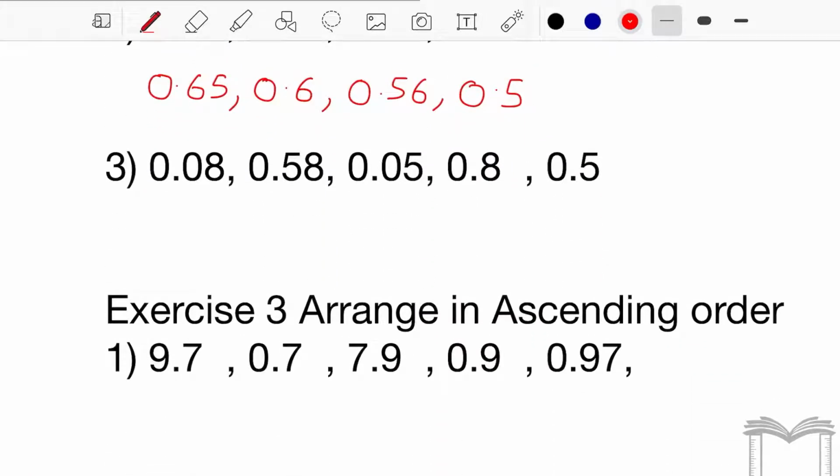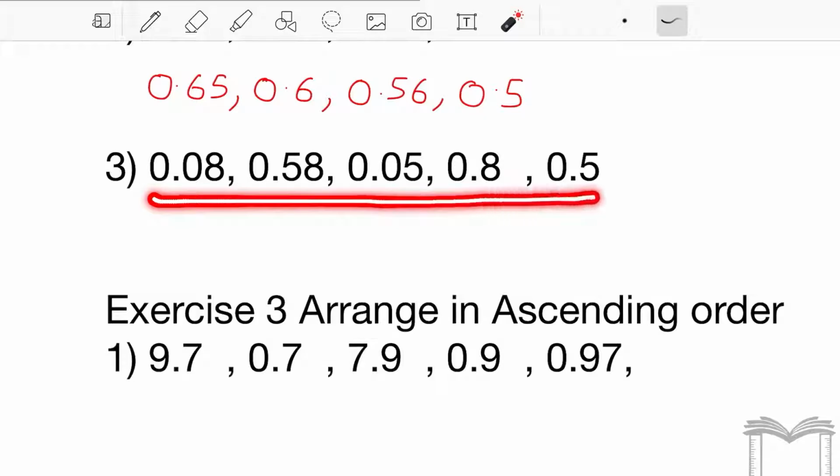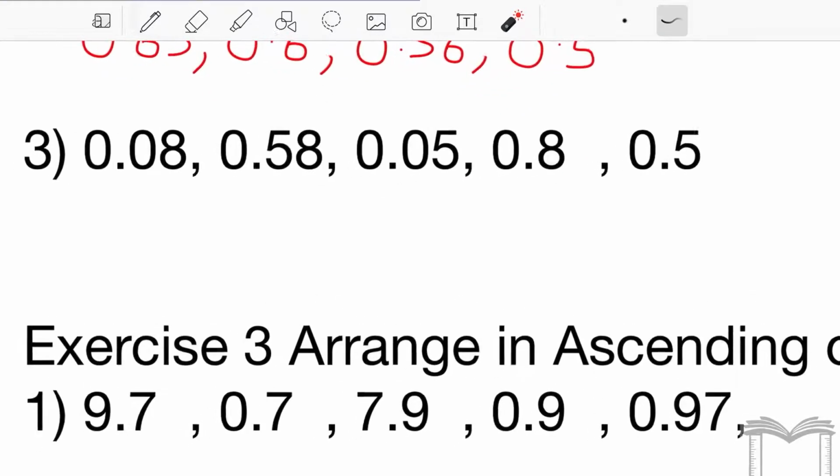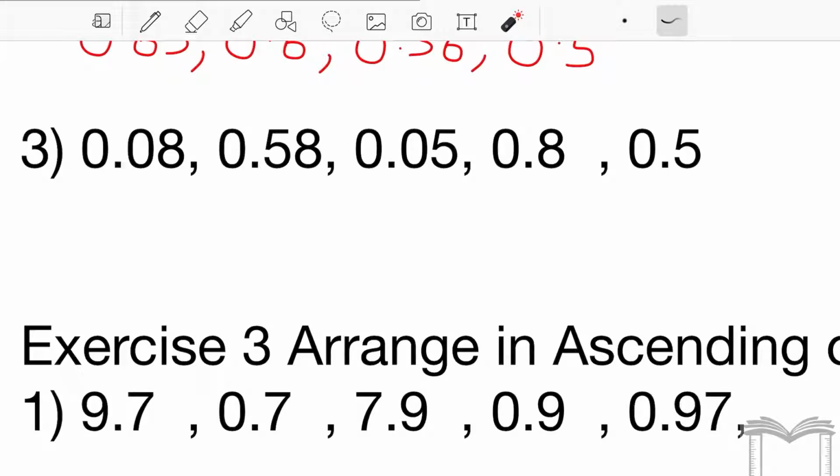Next, again we have all of these numbers having no ones value or no whole number value, so we can focus on the decimal fractions. So let us fill in the places with 0 to make all of them have the same number of decimal places. Okay, so descending order again from largest to smallest. So 80 is the biggest.